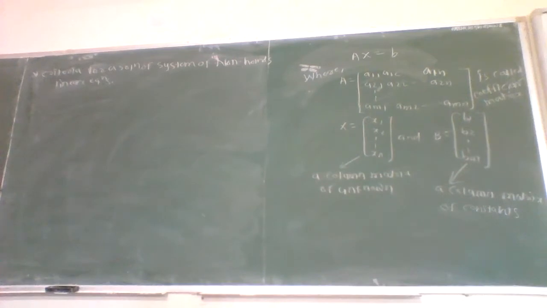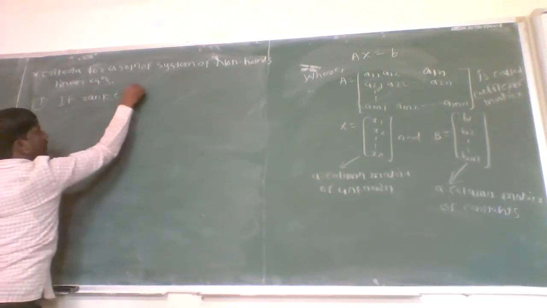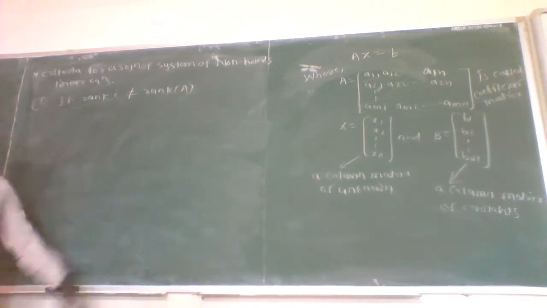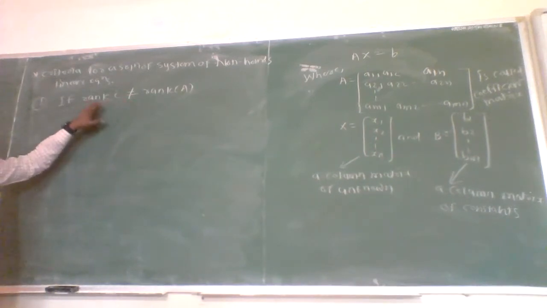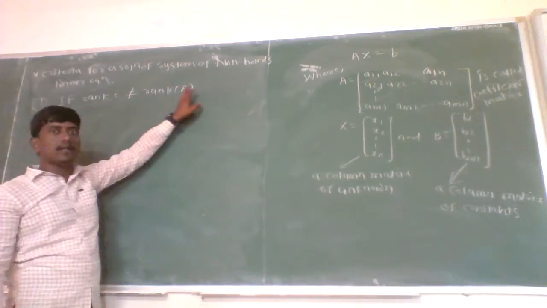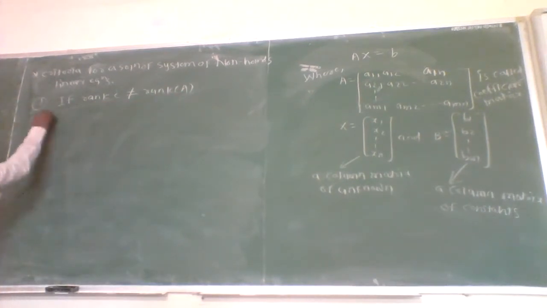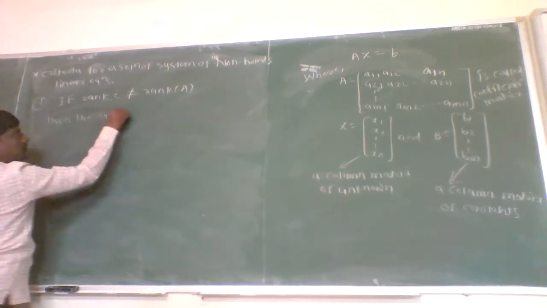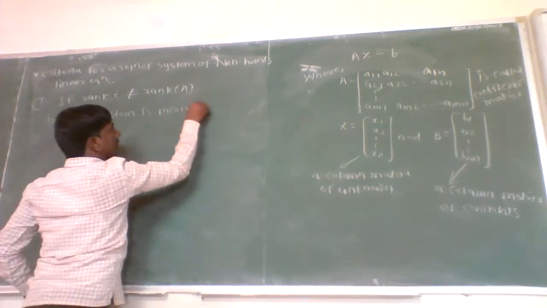Okay. Now, first one, if rank of matrix C is not equal to rank of matrix A. In previous steps we said that the rank of a matrix C cannot be less than the rank of a matrix A. But if rank of C is not equal to rank of A, then the system is inconsistent. Okay.